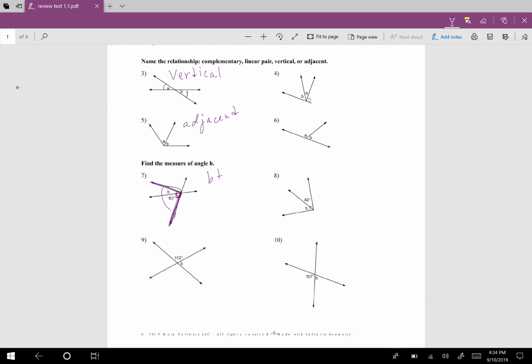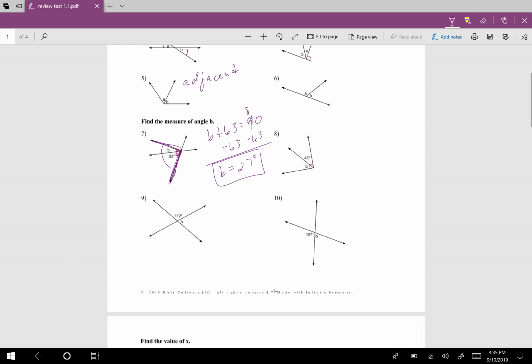So B plus 63 is equal to 90. Well, just take away 63. So you get B is equal to 90 minus 63. Gotta borrow here. 10 minus 3 is 7. 8 minus 6 is 2. So B is 27 degrees.